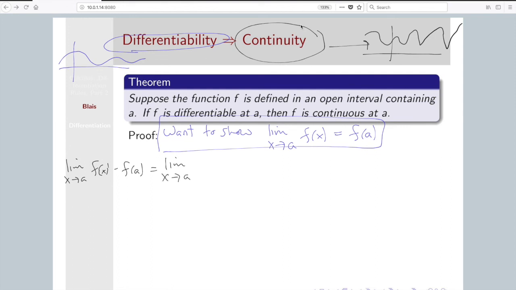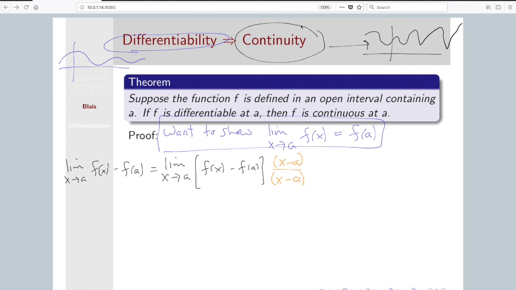And if we want, we can go ahead and bring it inside of the limit, because as far as x is concerned, it's just a constant. And this allows us to then multiply by a convenient form of 1 and then group things accordingly.